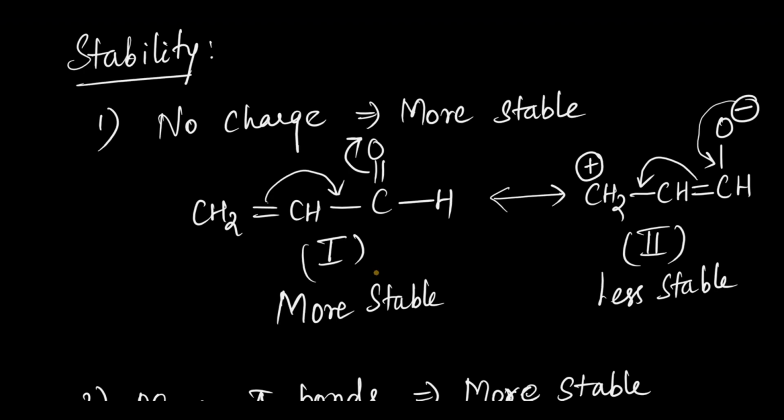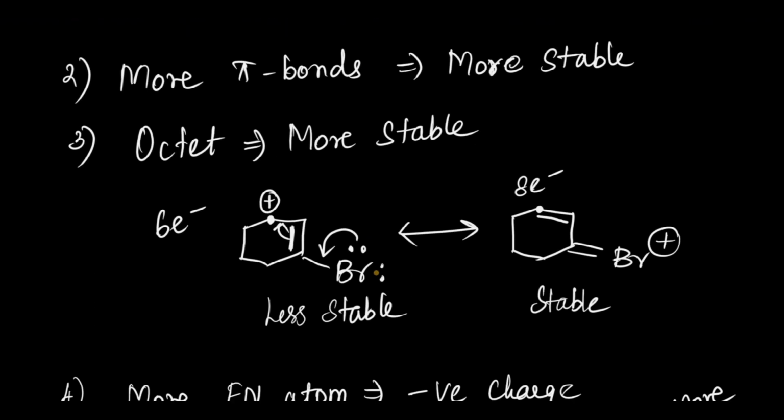If there is a charge on it, then it becomes less stable. If an electronegative atom gets a positive charge, that also makes it less stable. And if there are more pi bonds, then there are more delocalization resonance structures, which makes it stable. And if there is a charge, the charge should be in the right way: the electronegative atom should have the negative charge, and the electropositive or comparatively less electronegative atom should get the positive charge.